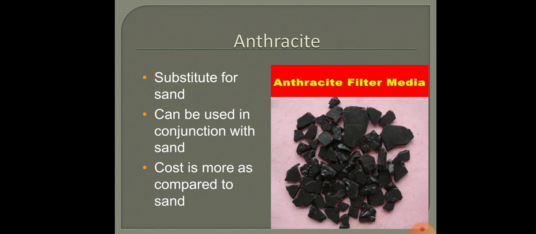It is very costly compared to sand, but its greater volume per unit weight and lower transportation cost per unit volume make it more economical at least in some locations. So crushed anthracite has been successfully used as a filter media or a substitute for sand in some filters.